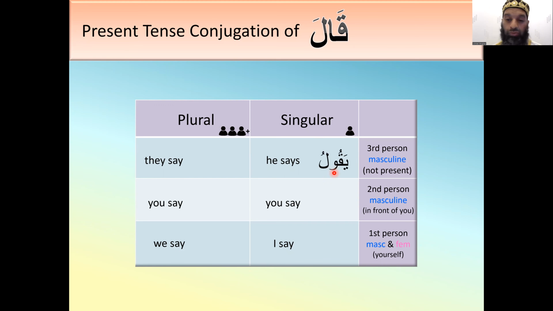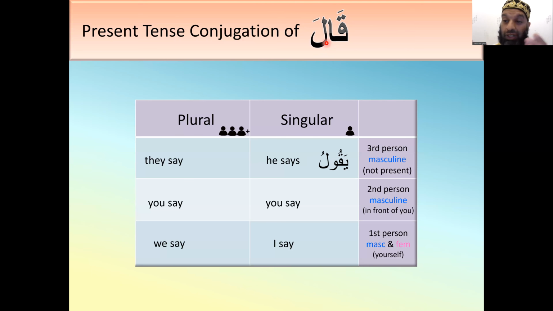It's yaqulu. Now you might say, oh yeah, I've seen that in the Quran, right? Yaqulu. What's going on? The alif has disappeared. And I would like to tell you that the root letters of qala are not qaf, alif, and lam. It's qaf, waw, and lam. When you look up a word in an Arabic dictionary, you look up the root word.